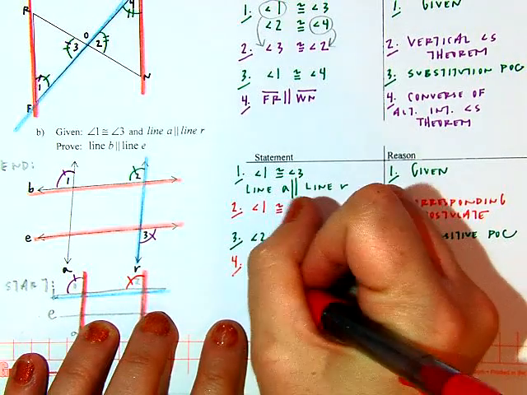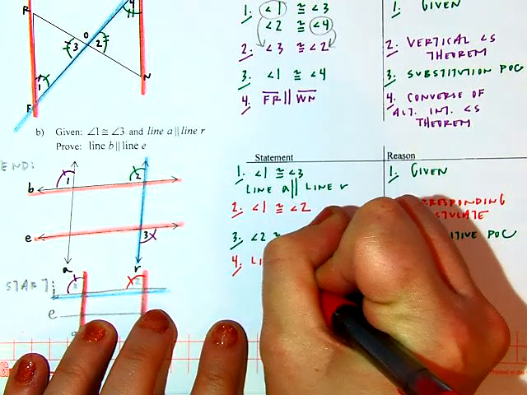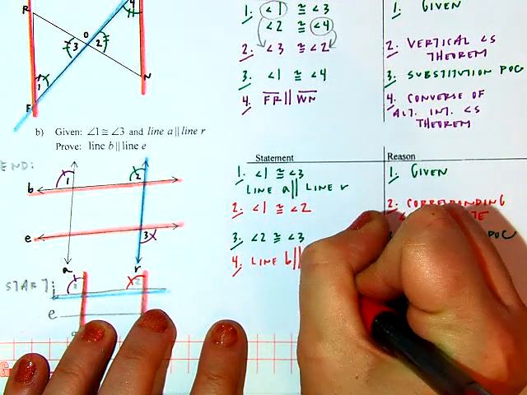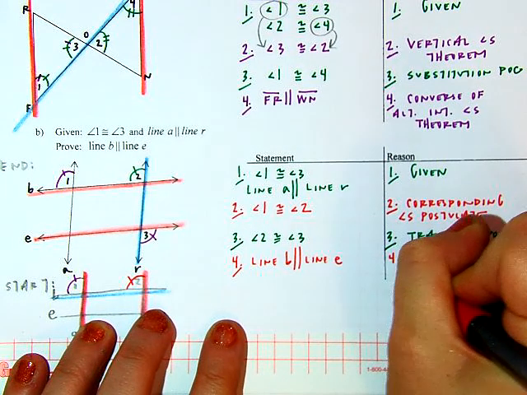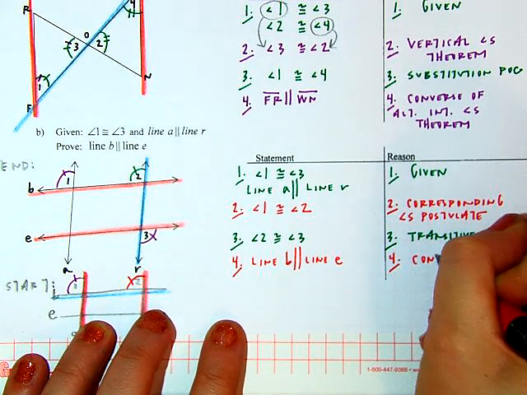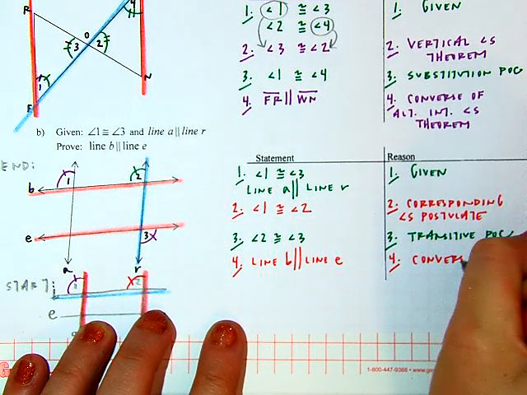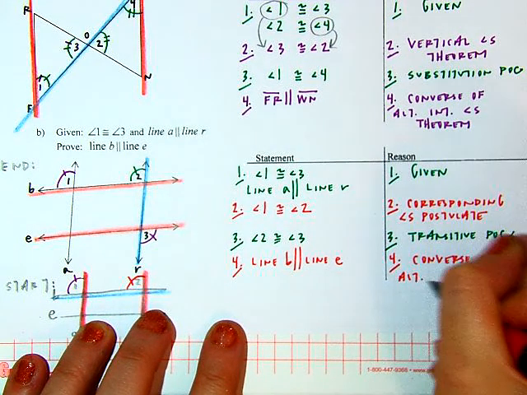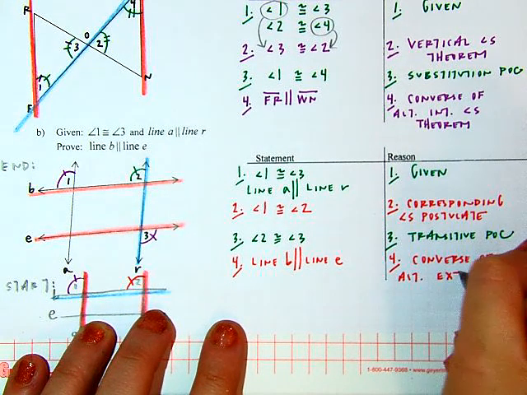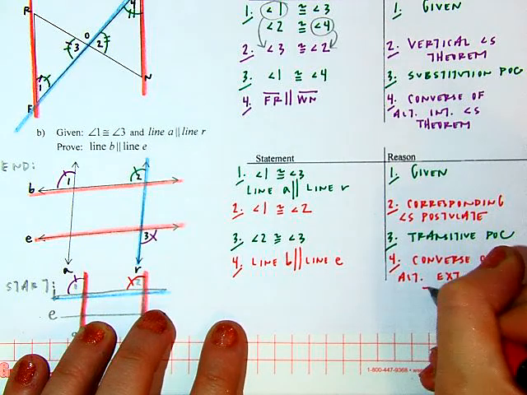I can say that line B runs parallel to line E. And my reason would be the converse of the alternate exterior angles theorem.